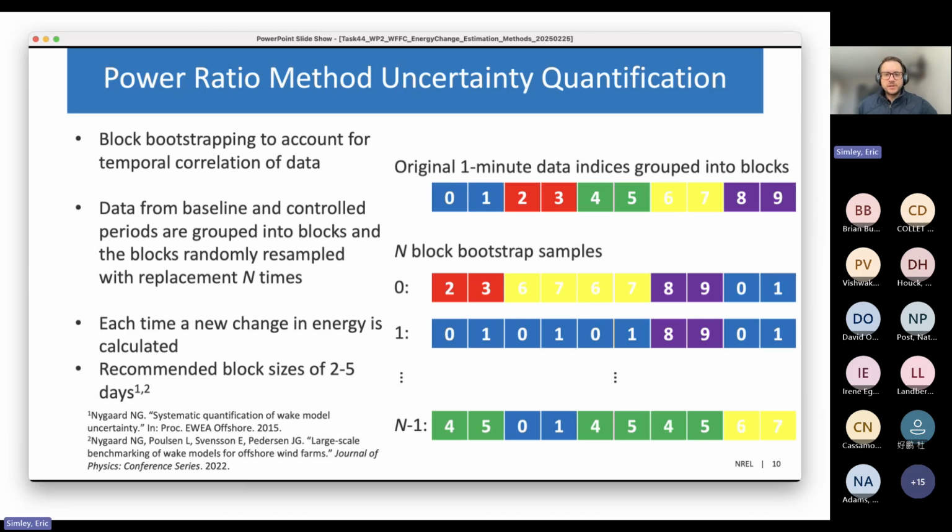So if we just randomly resample each one-minute period independently, that can hide some of the temporal correlation that could affect the uncertainty. So with block bootstrapping, we group our time series data into blocks. That's illustrated by this top row on the right side, where our 10 samples are grouped into blocks of size 2.